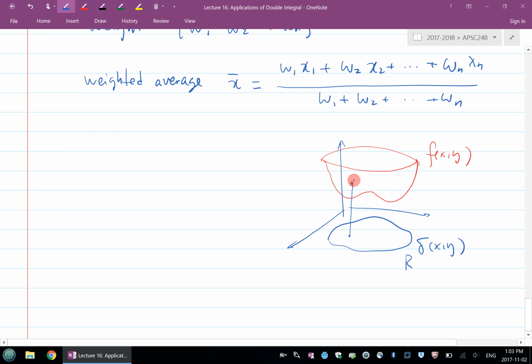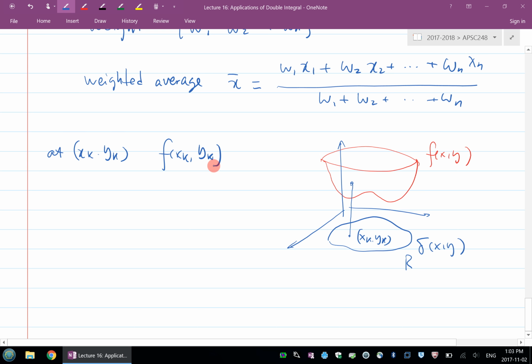Now, suppose this is your x k, y k location. At this location you have a value f of x k, y k.